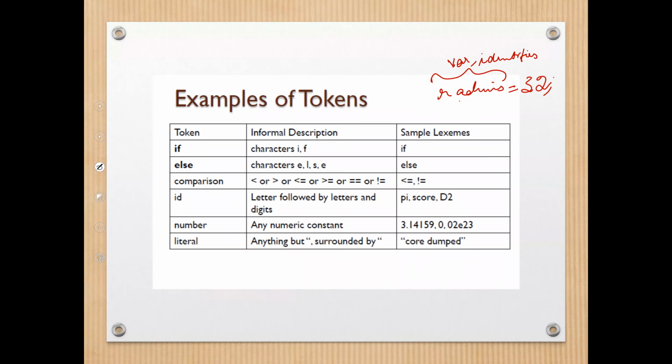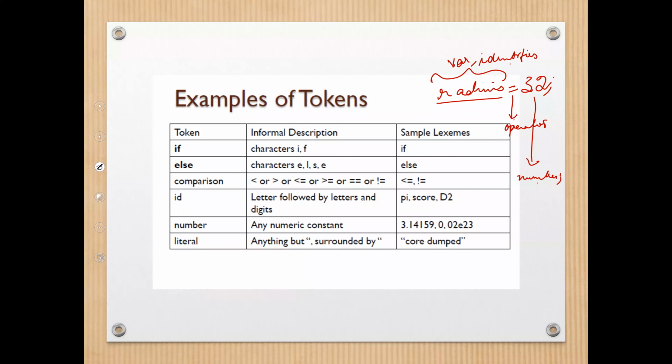So this is an identifier. This is an assignment operator, and this is a number, a constant. So this particular statement has three things: an identifier, an operator, and a number.